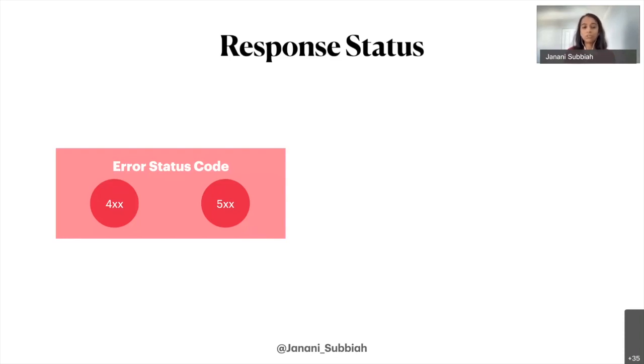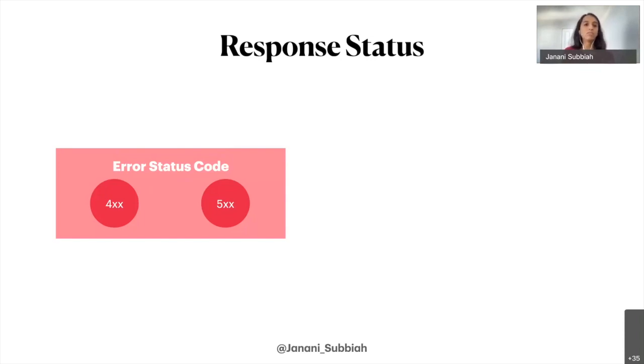Some popular 400 level errors include the 400 itself, which is a bad request. There's 401, which means the credentials presented were incorrect, so it stands for unauthorized. 403 is when somebody is trying to access a resource they don't have the permissions to access, and it stands for forbidden. 404 is not found, and those are some examples of a 400 level error. As far as the 500s go, it indicates a server level error.